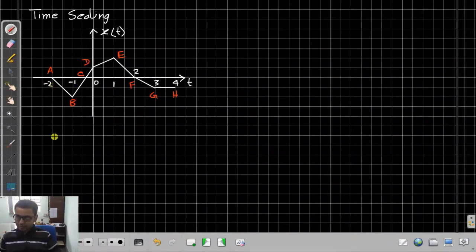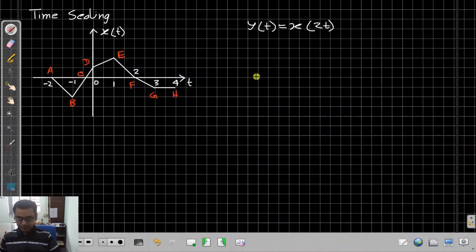Now let me define a new function y of t is equal to x of 2t, and I ask how will this function look like.